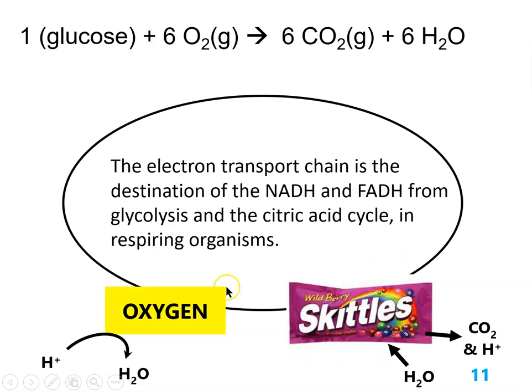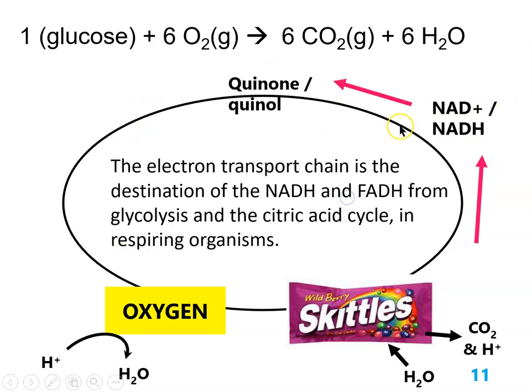So we write this overall reaction as glucose plus oxygen, and that's really what it is, but the only part that goes into the electron transport chain are the electrons from NADH. So NADH would go here and donate electrons. So I put this here in this kind of conceptual electron transport chain, and they pass the electrons to the quinone, which passes the electrons to cytochrome, which pass the electrons to oxygen.